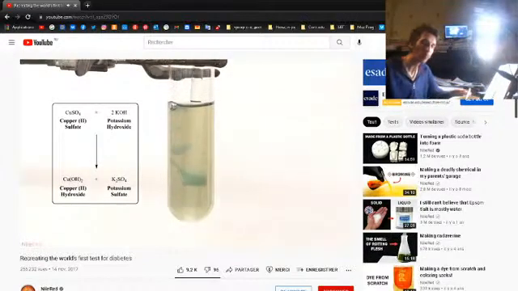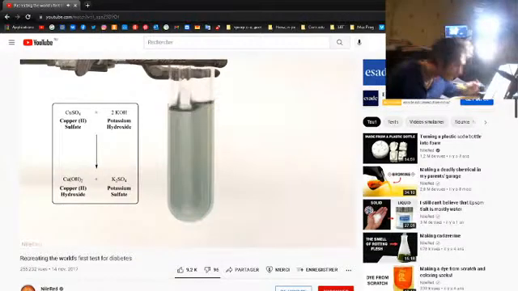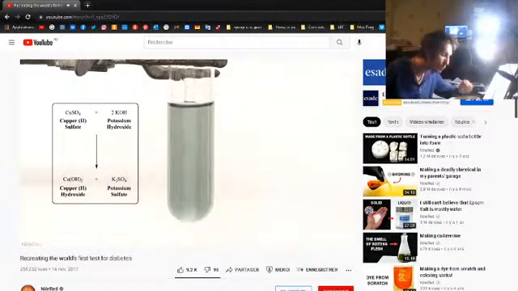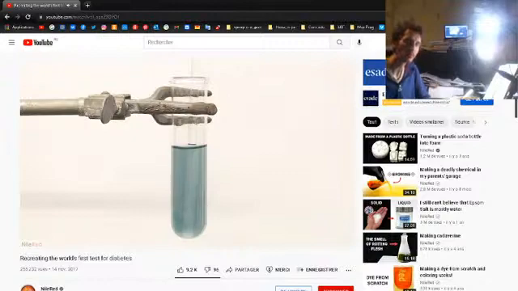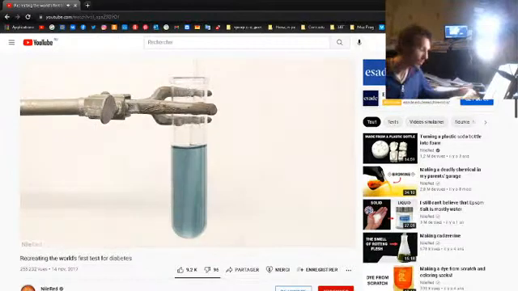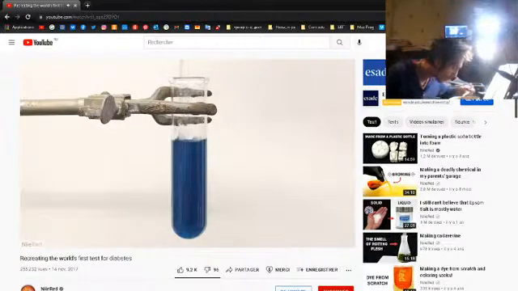However, in strongly basic solutions like potassium hydroxide, the copper 2 hydroxide is slightly soluble, so it dissolves with a little bit of mixing. The goal now is to keep adding it very slowly, just until the solid stops redissolving and the solution is saturated with the copper hydroxide. This exact point is often hard to tell though, and it's pretty easy to overshoot.